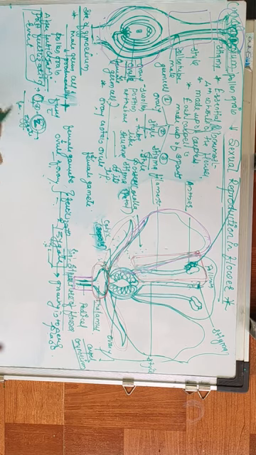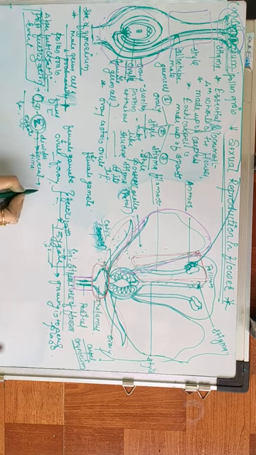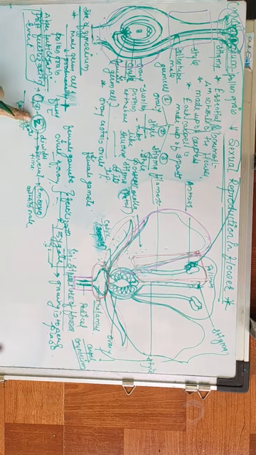This zygote divides several times and forms an embryo. Where is this embryo? Within the ovule. The zygote is formed by the process of fertilization.